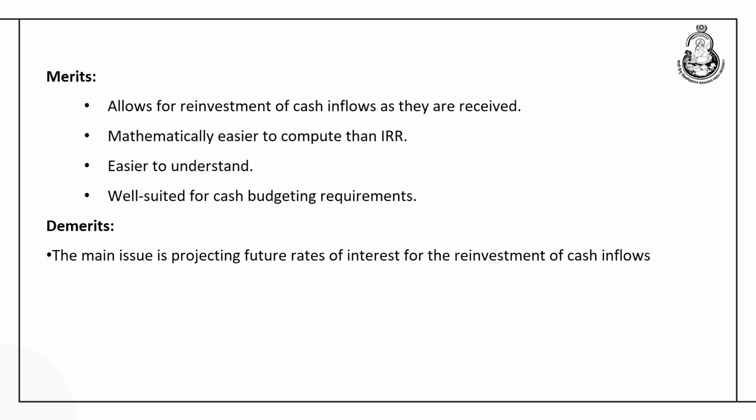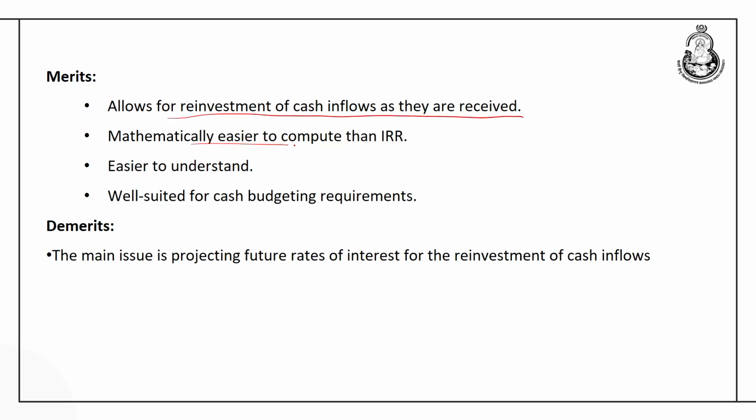The terminal value is important because it allows for reinvestment of cash inflows as they are received. So, here we assume that all the intermediate cash inflows are reinvested and the compounded value is calculated only at the end of the project.